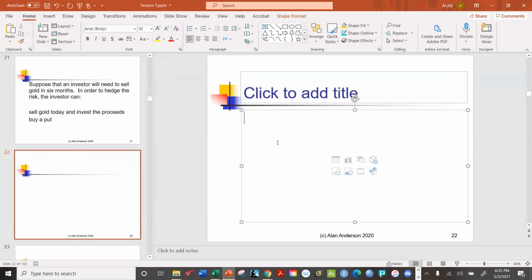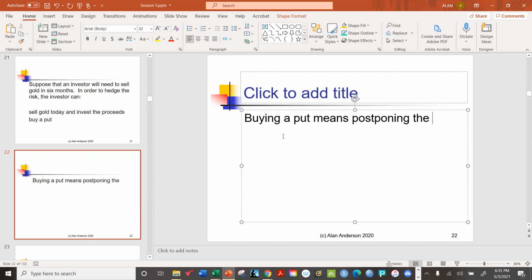That's assuming you already have the gold. That's part of the problem there. So the way to think about this is, owning a put means postponing the opportunity to sell gold and earn interest.